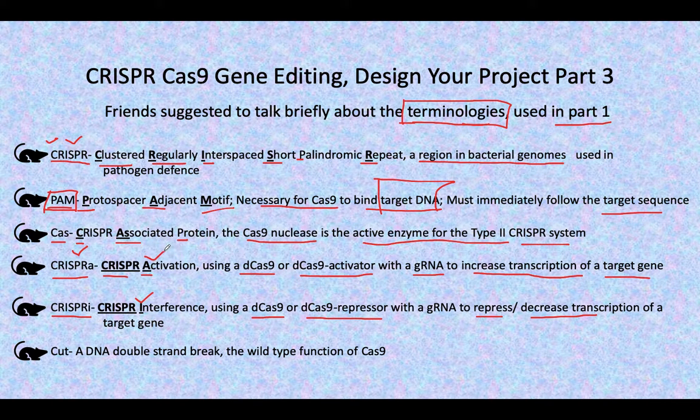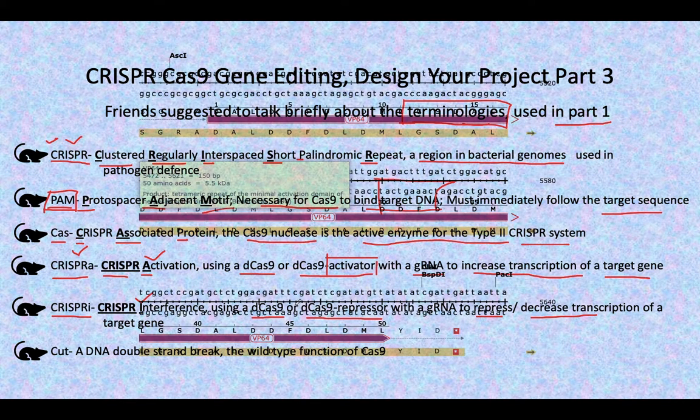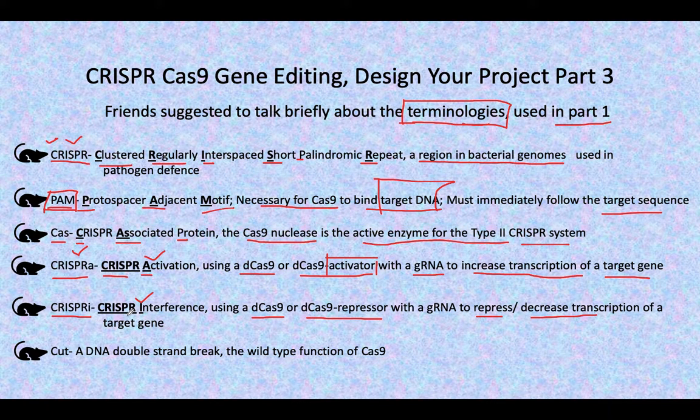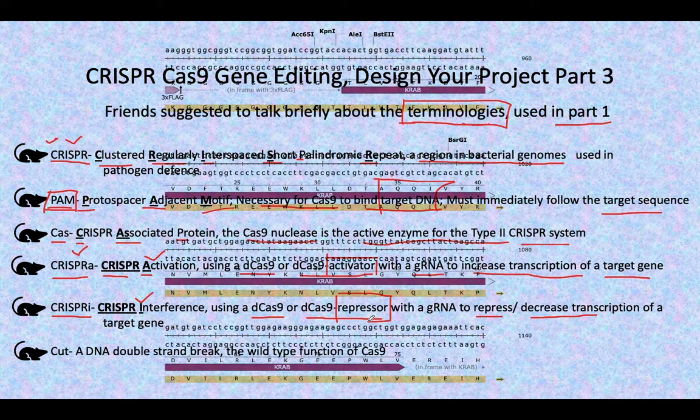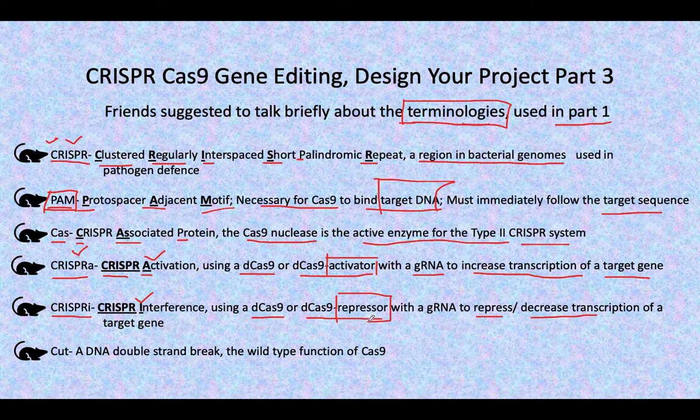In CRISPR activation, CRISPR-A, we need to use the dCas9 and the activator. For activator, we have to use the VP64 domain. And here, for CRISPR interference, we need to use a repressor. That repressor is the CREB domain. I will also make a single video based on CRISPR-I to explain it in more detail.